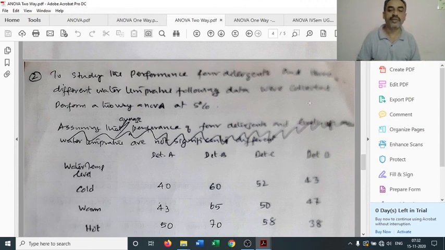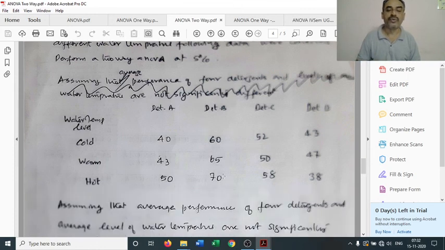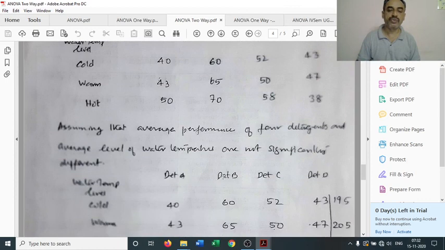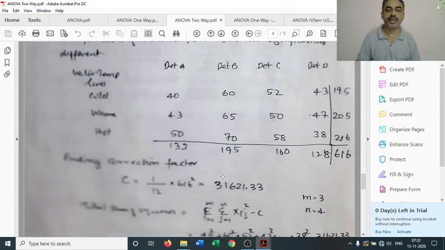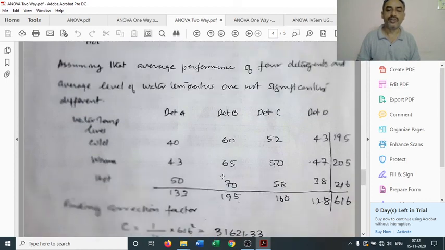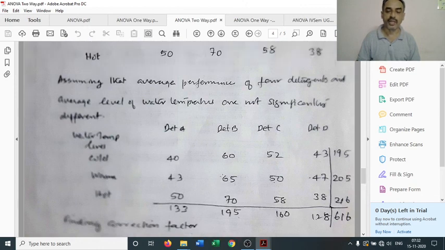We have to examine whether these levels of water temperature and also the performance of the 4 detergents are significantly different. So here the number of columns is 4, number of rows 3. As before, we set the null hypothesis that both factors, factor A and factor B, averages are equal.